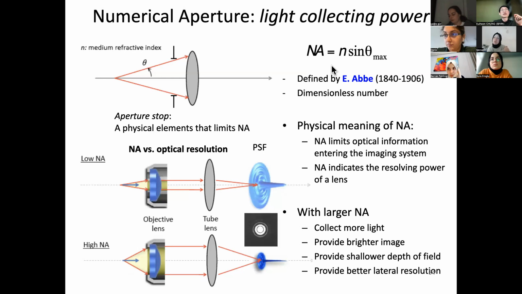That's why, if you want to increase your resolution, you want to increase the angle, or use a big lens. That's why a bigger lens is more expensive, given the same distance. And how does it differ? Look at low numerical aperture, or low angle, versus high NA.